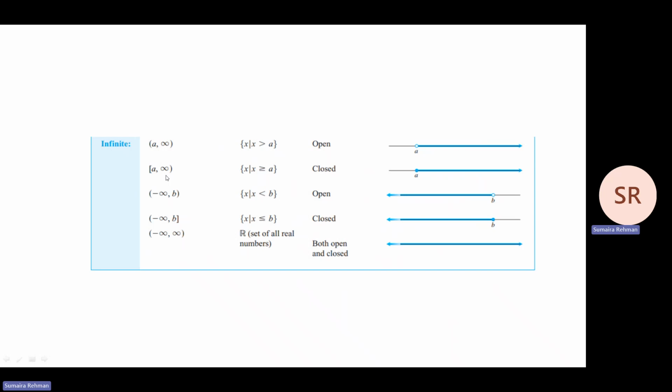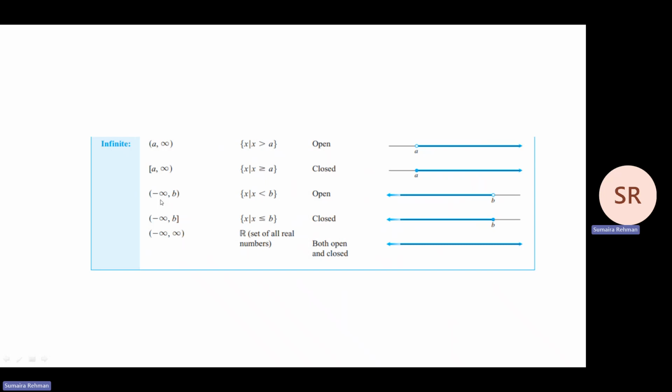Here a will be closed, and then we will use the greater than or equal sign, because it is the closed interval. So it goes toward positive infinity as well.